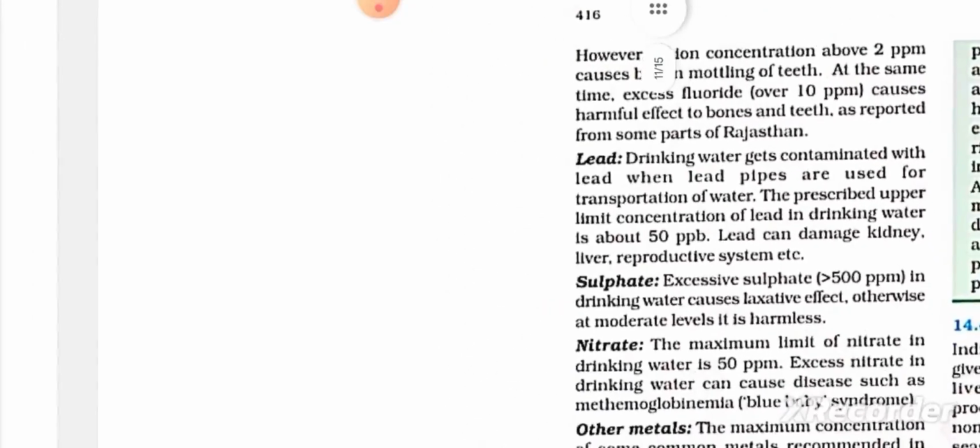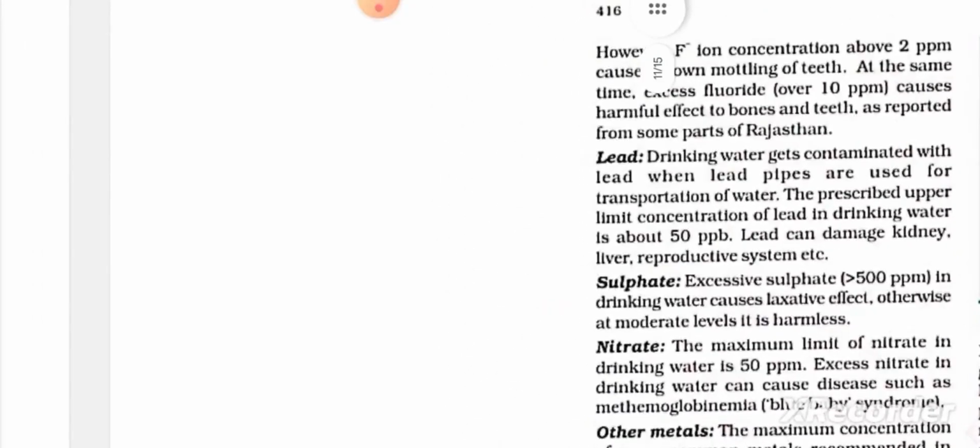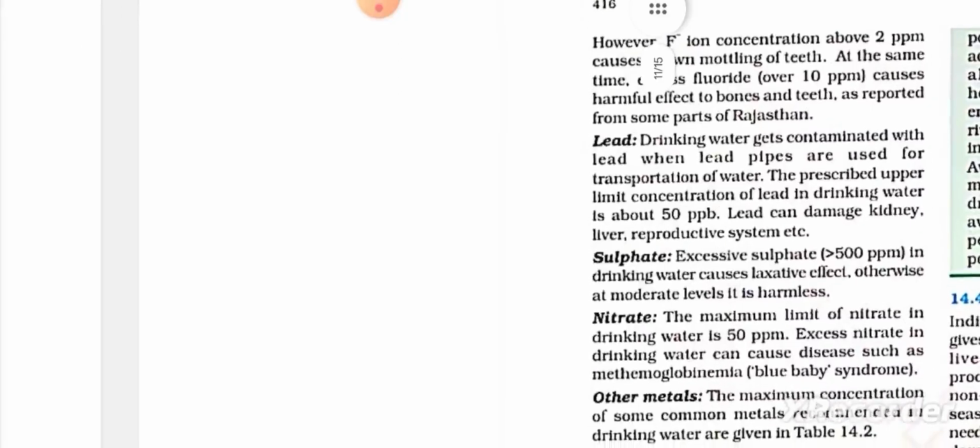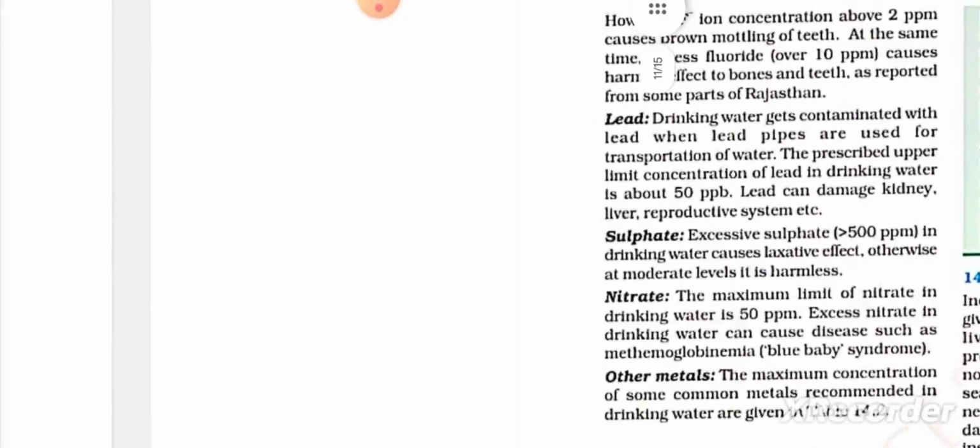However, a fluoride ion concentration above 2 ppm causes brown mottling of teeth. At the same time, excess of fluoride has a harmful effect on the bones and teeth, reported in some parts of Rajasthan.